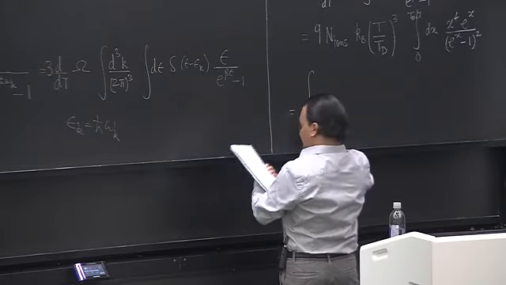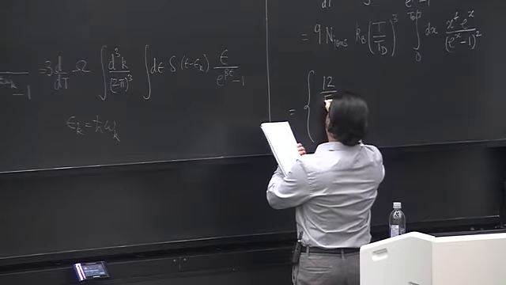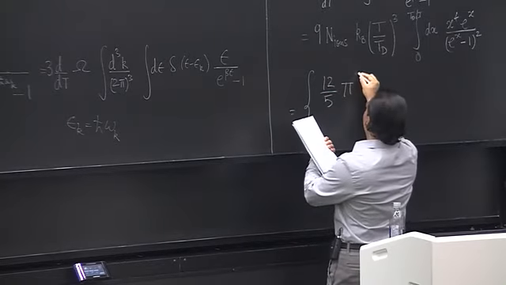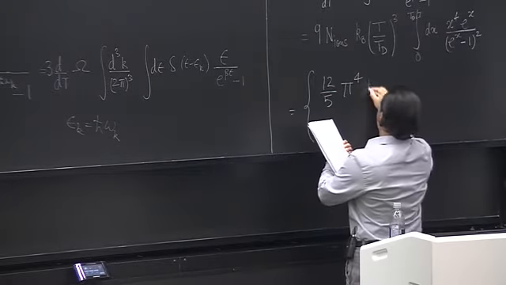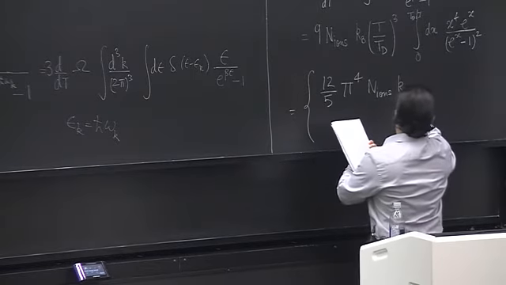the specific heat is given by 12 divided by 5 pi to the power 4 N_ions k_B, times T over the Debye temperature cubed.